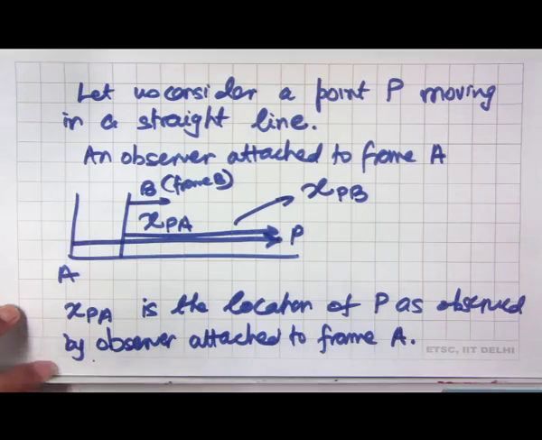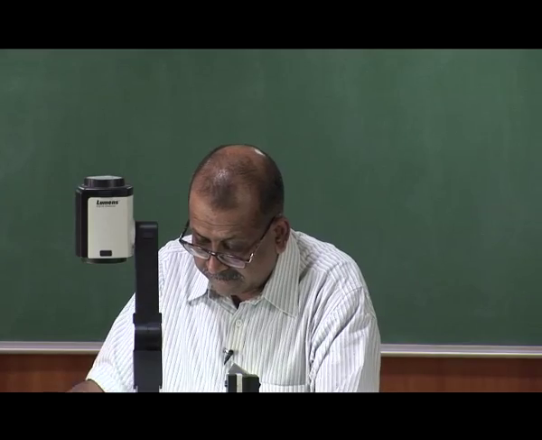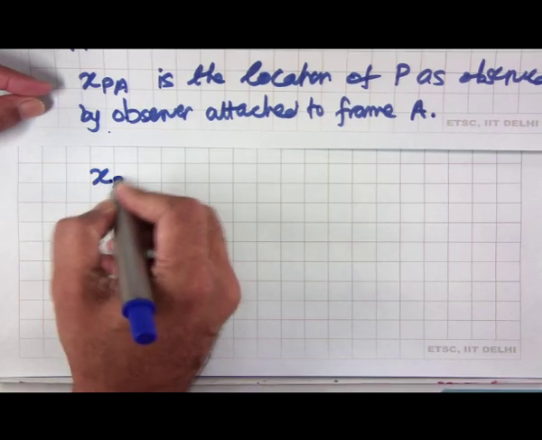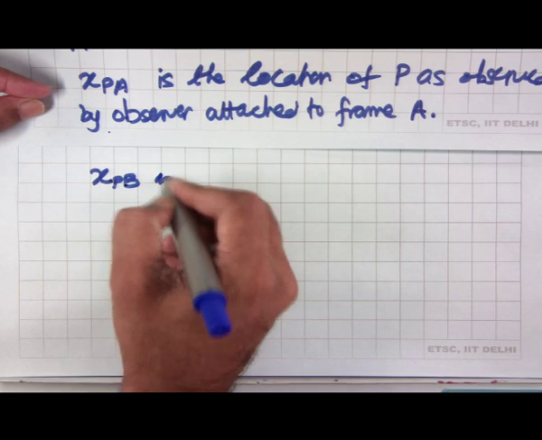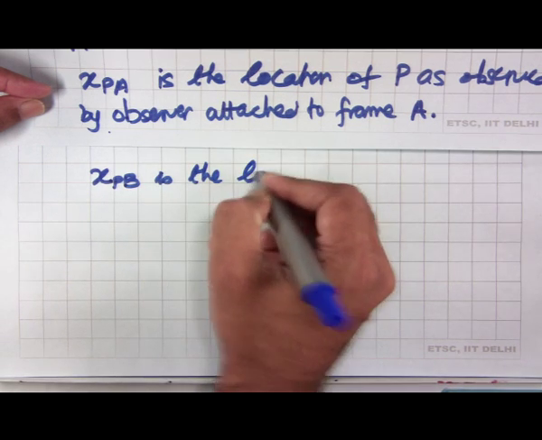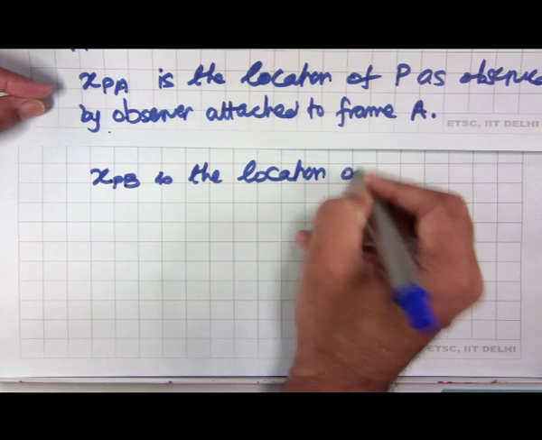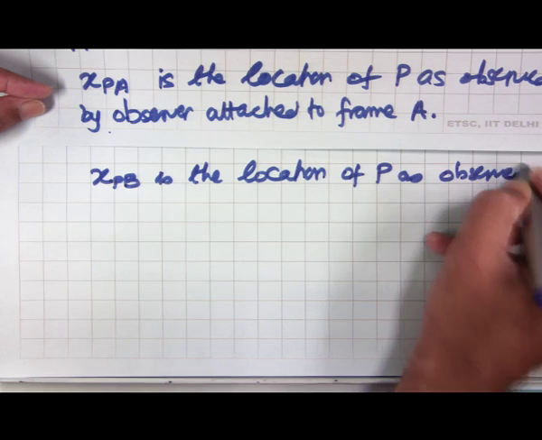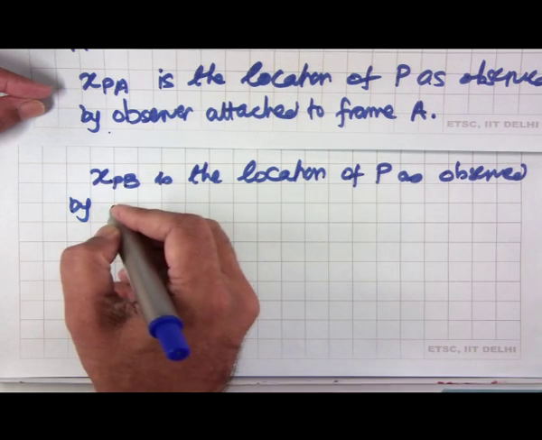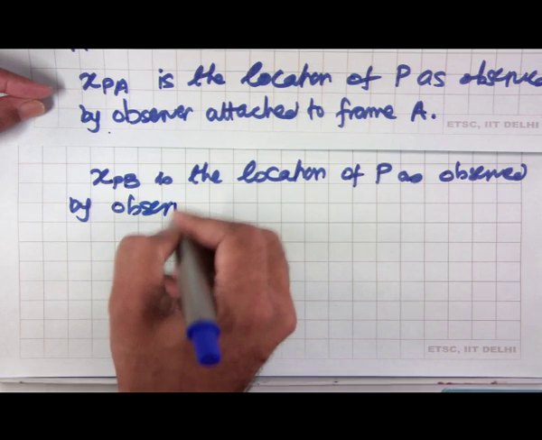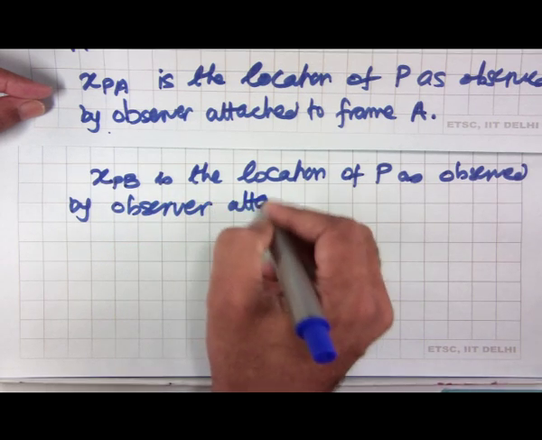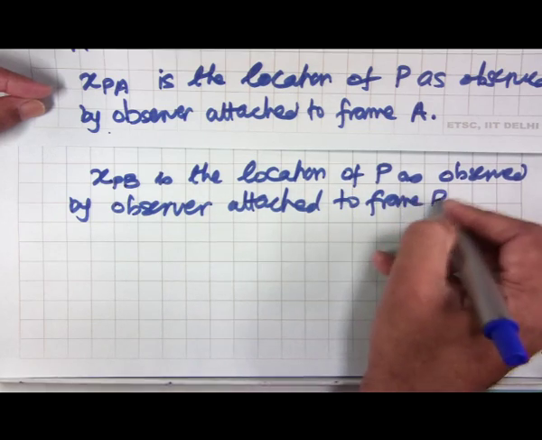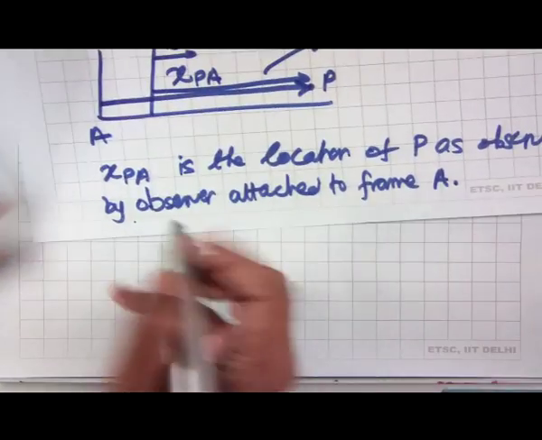So, XPB is the location of P as observed by the observer attached to frame B.